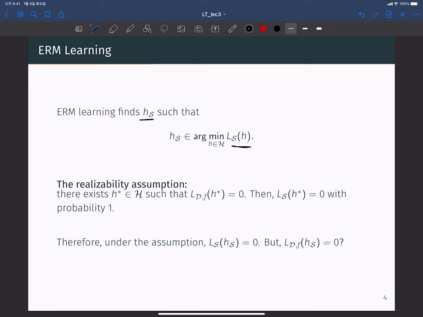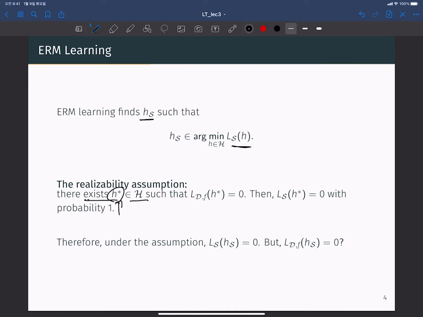Okay, so to make your life easier, let's first consider the case where there exists H star. So basically, the true hypothesis belongs to your hypothesis class. Let's first assume that the true hypothesis belongs to your hypothesis class.